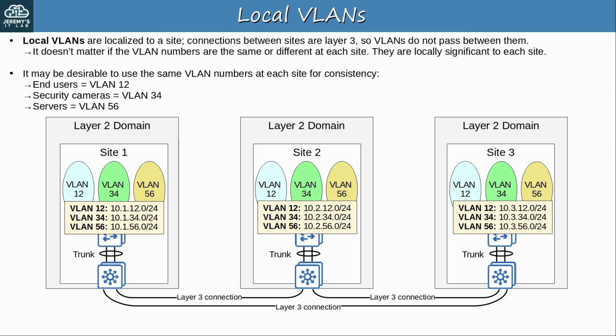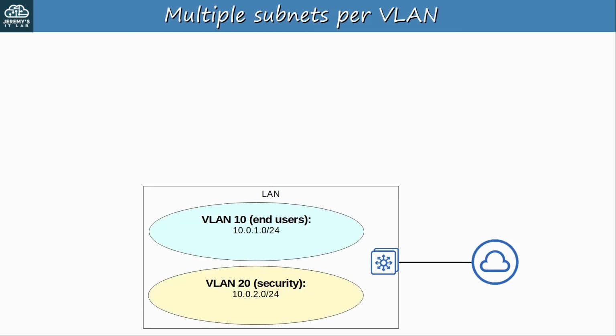This kind of design is usually preferred over the previous one, in which the VLANs and subnets stretch across all three sites. Like I said, if you're interested in learning more about network design like this, consider the ENSLD exam after ENCOR. Next, let's look at the topic of using multiple subnets per VLAN.